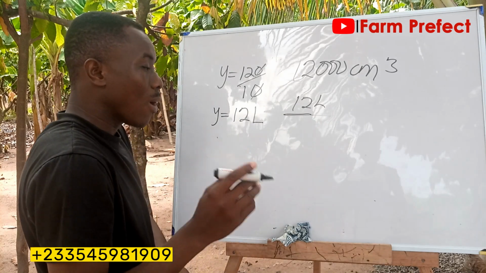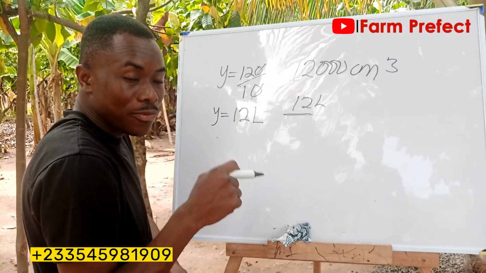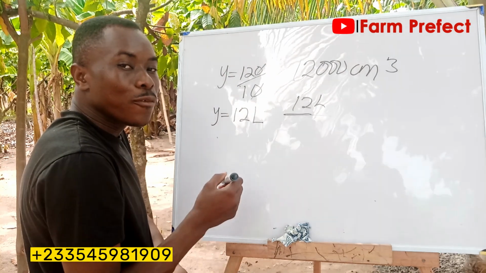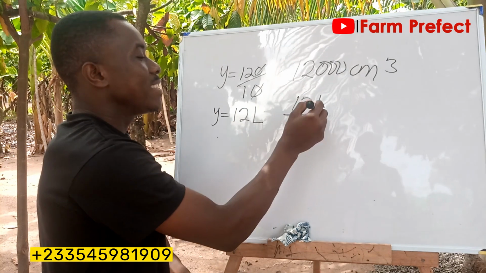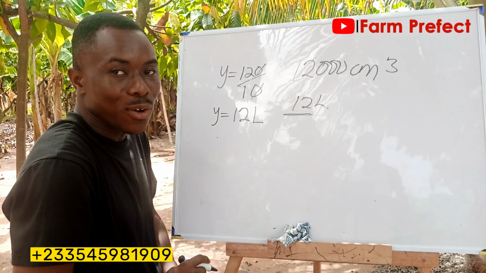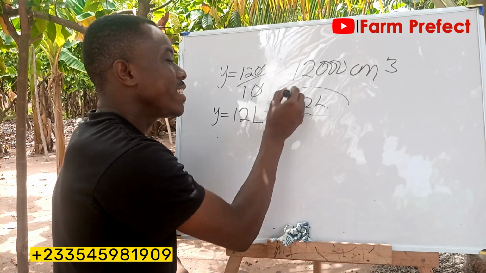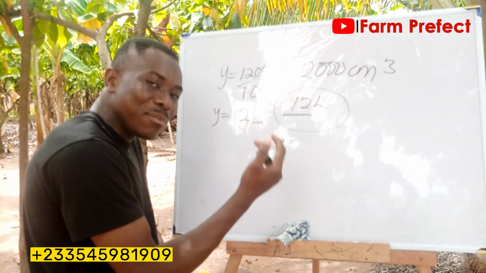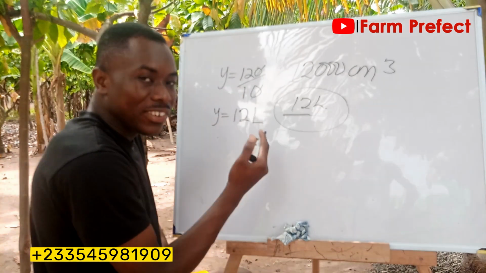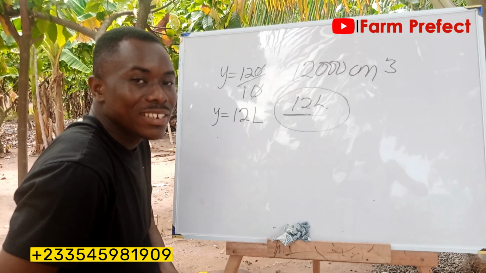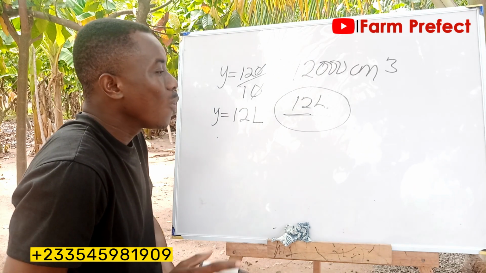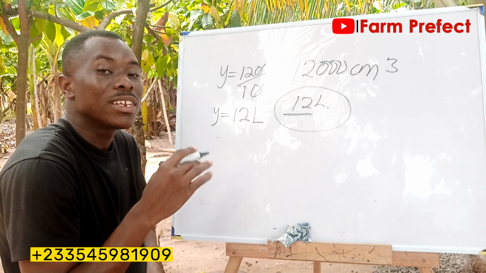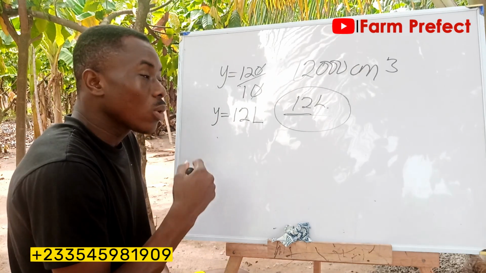So then our pond, which has a length of 50, a width of 30, and a height of 8 cm, will be taking 12 liters of water. Now this 12 liters of water is what we are going to use to determine how many fishes can be in the pond. When we are able to arrive at the liters of water, we can now determine the number of fishes that we can stock the pond with.